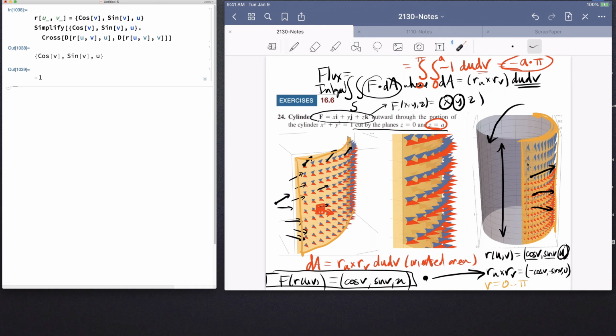We can see here that some of these vectors are pointing outward, and some might be coming through the surface this way. So when we're adding up all the vectors crossing through the surface, there is more going in than there is coming out, and that is how we are interpreting the minus sign there.